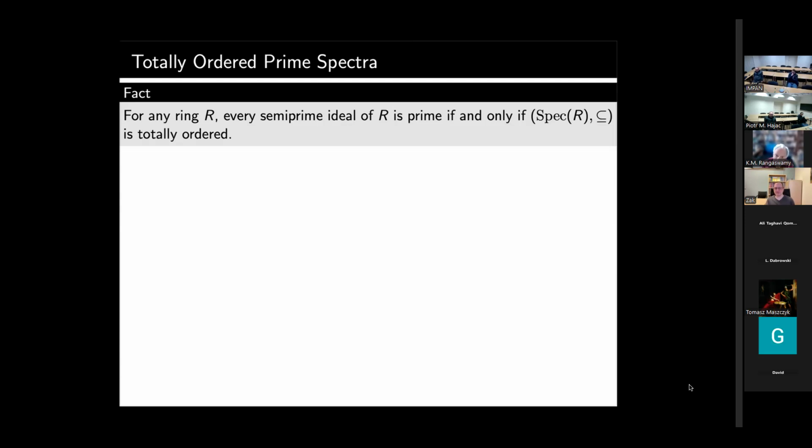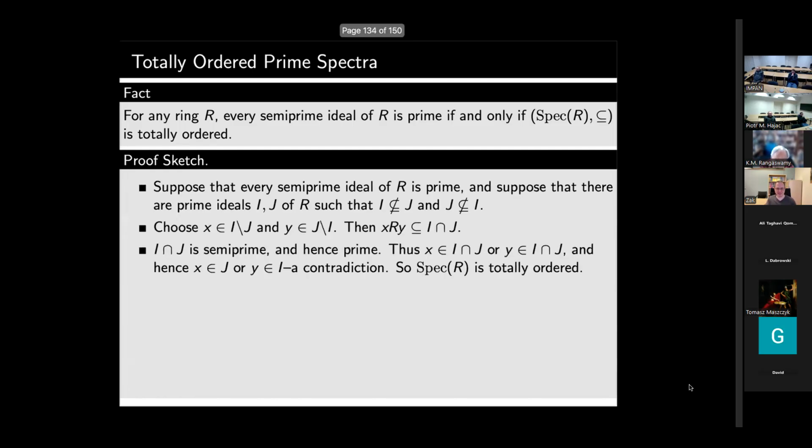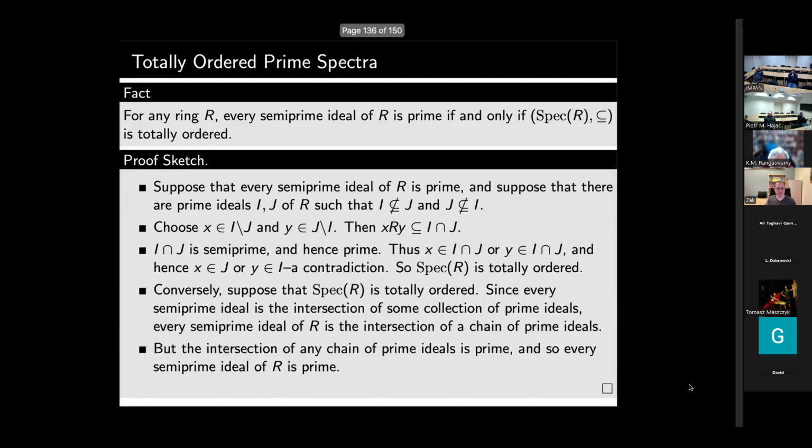So prime is more general, where you take two different elements, and semi-prime is when it's the same element. There are other ways to characterize it, but I'll skip this in the interest of time.